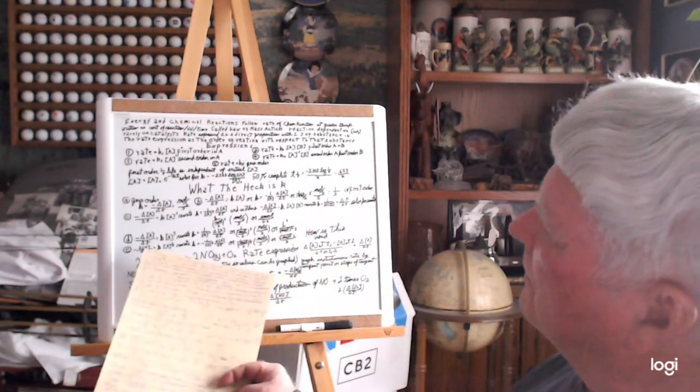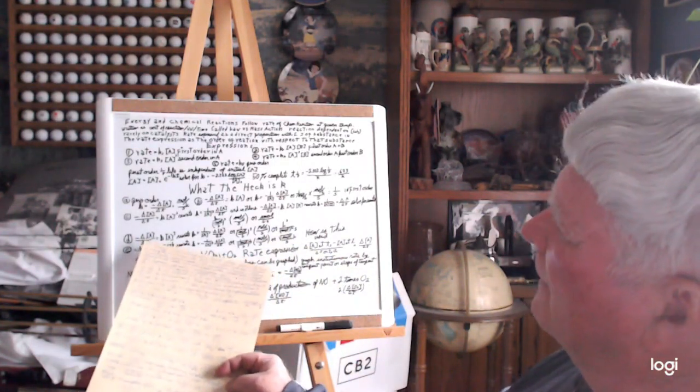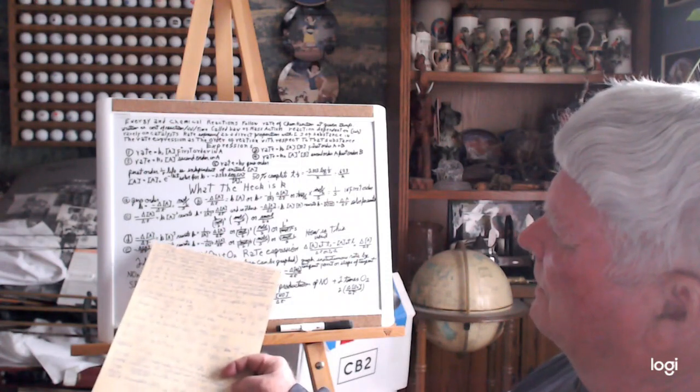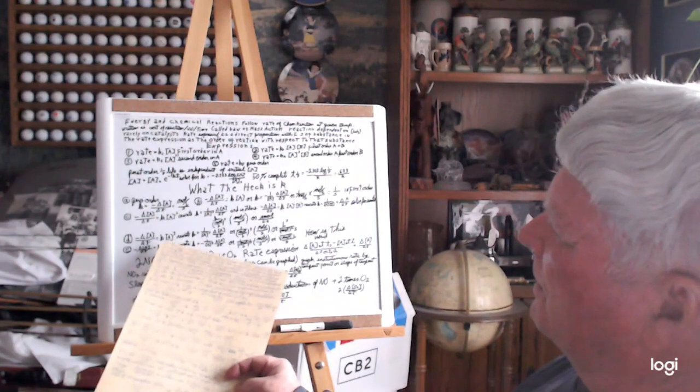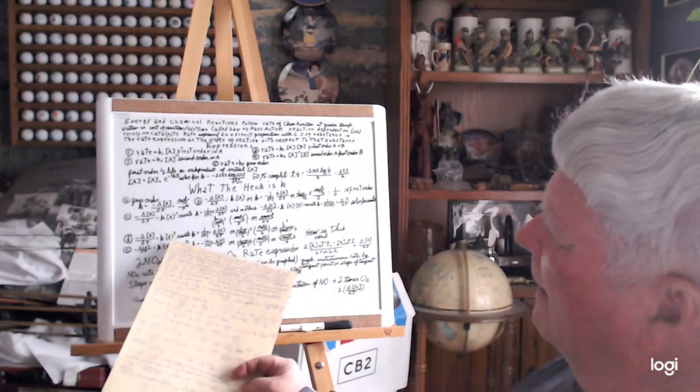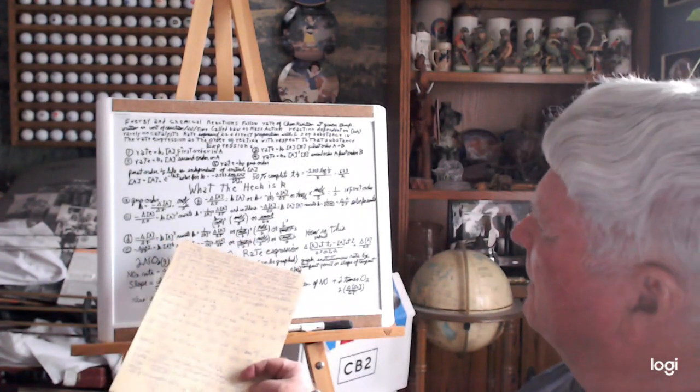The next one, negative change in A over change in T, notice it's the basis we start with each time, is equal to K times A cubed, or 3 moles of it.